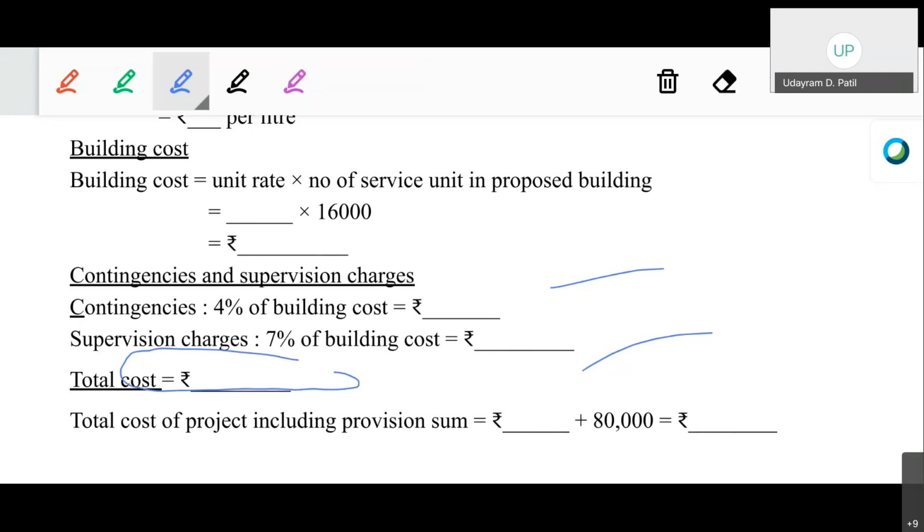The total cost will be building cost plus cost of the contingency plus cost of the supervision. Okay, calculate directly, it is a simple numerical, the total cost.